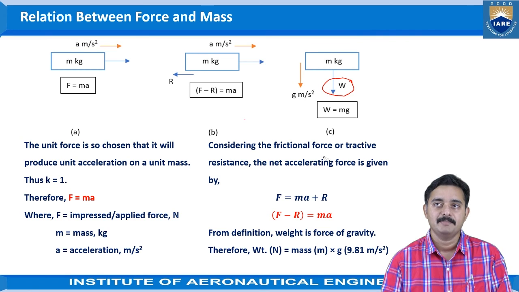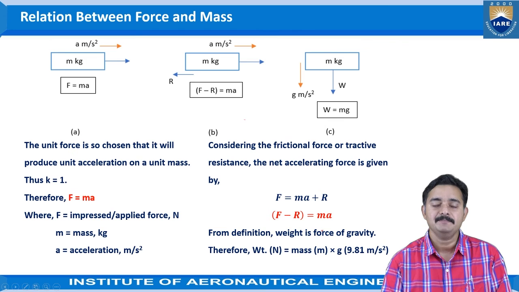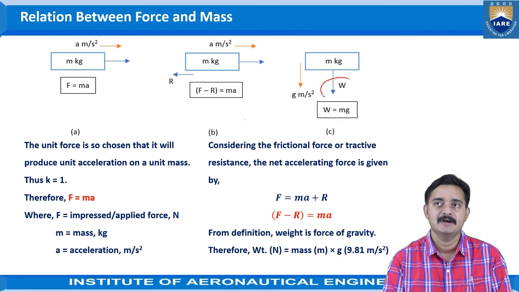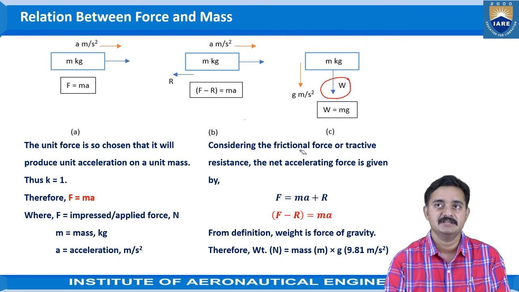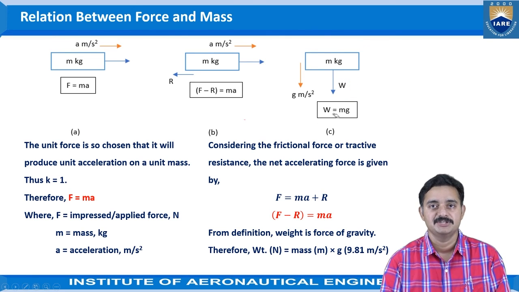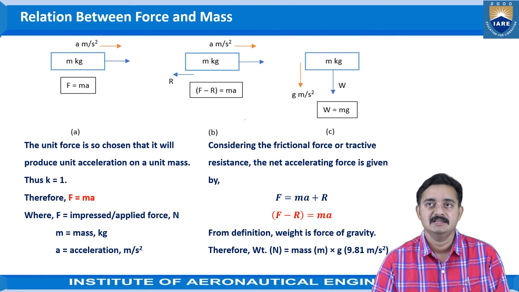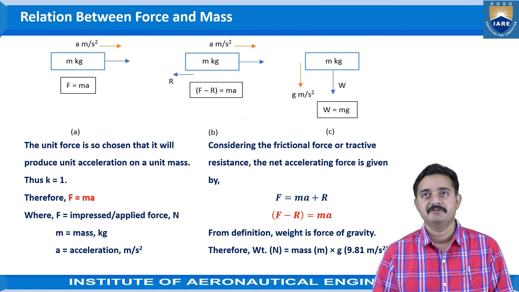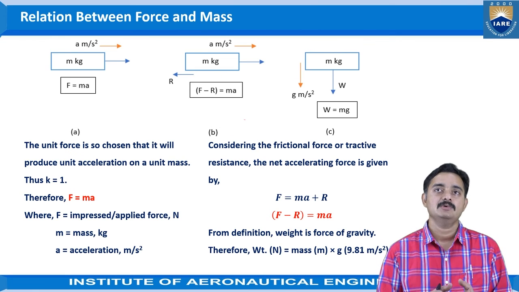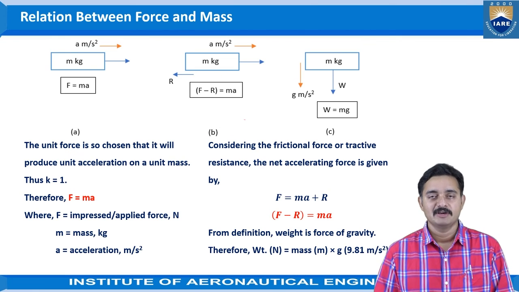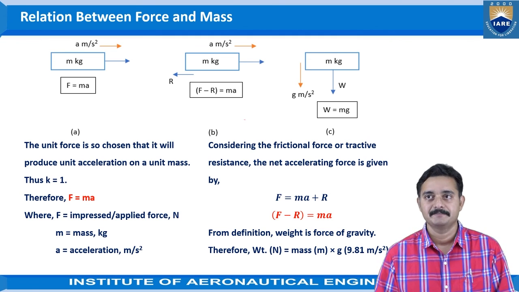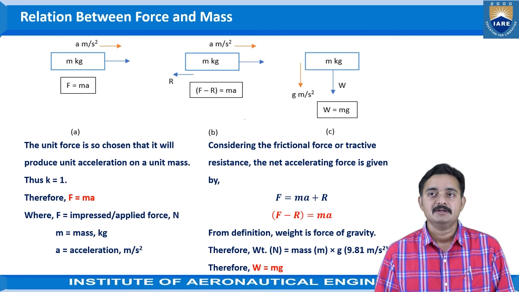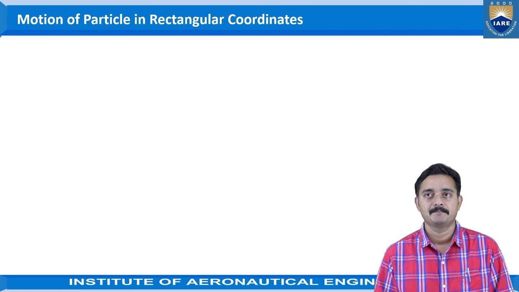Here the applied force would be directly the weight pulled by the earth. So W is equal to mg. These are the cases and the relations between force and mass, related to independent movement of the object, the frictional resistance, and the weight. Therefore, W is equal to mg is the final equation which we can obtain.